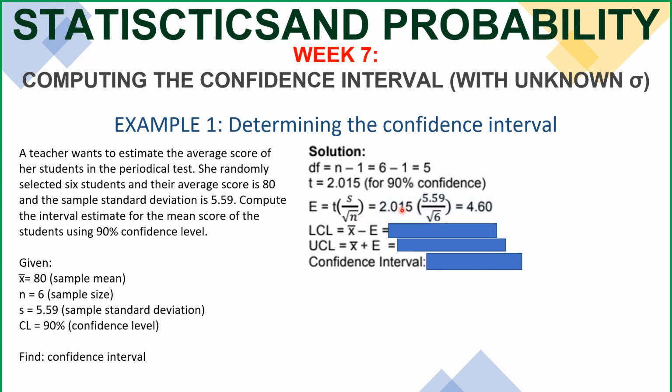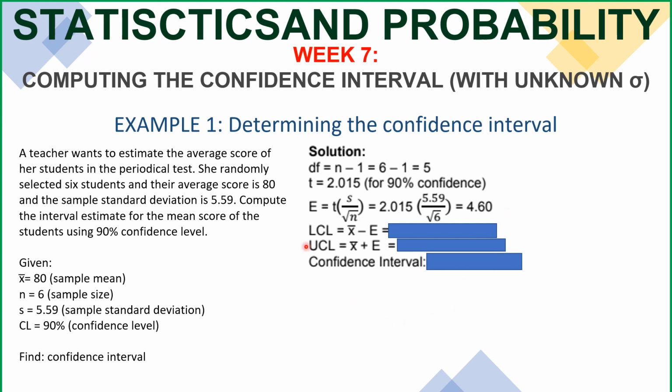Substitute lang tayo. We have 2.015 multiplied by 5.59, which is the sample standard deviation, all over square root of 6, which is the sample size. Kapag kinompute nyo yan, nilagay nyo sa calculator, makukuha natin is 4.60. That is our margin of error.